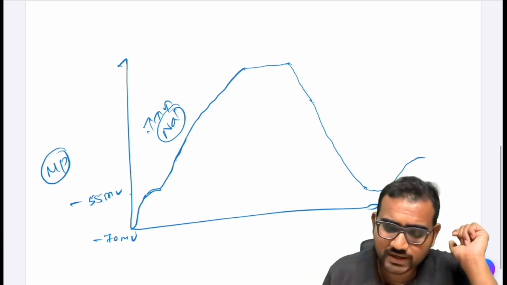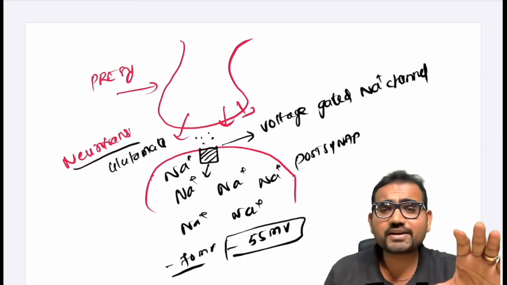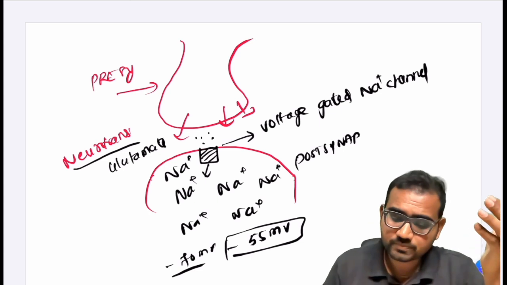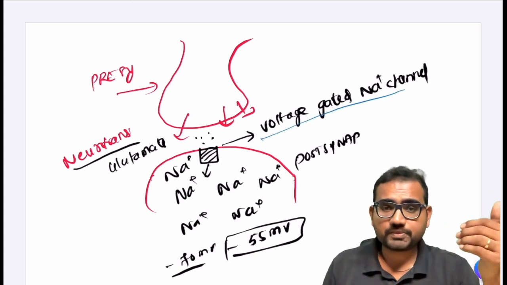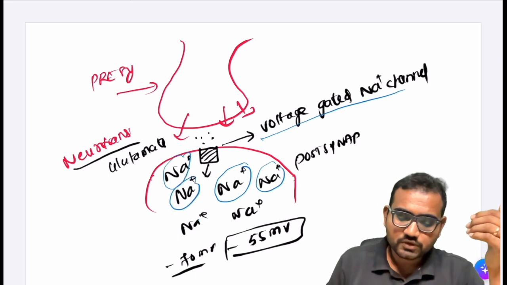One important thing to keep in mind is the influx of sodium, that is, the opening of the voltage gated sodium channel by the neurotransmitter, which causes the influx of more sodium.